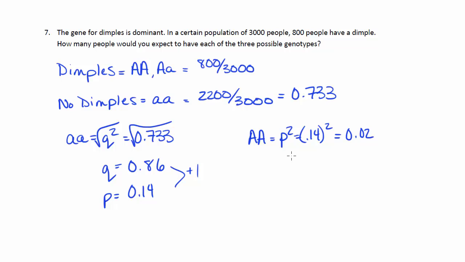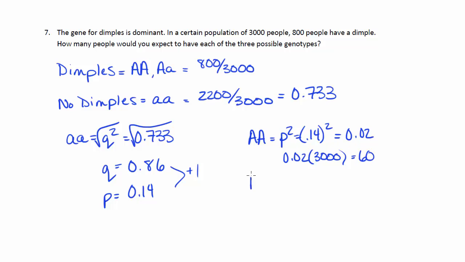To calculate how many people would have big A, we take 0.02 times 3,000, which should be 60 people.